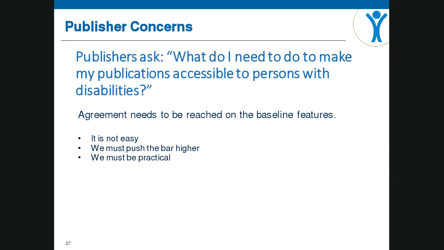And this is the development of what I call the baseline for born accessible documents. And it's probably different for novels than it is for college textbooks. For example, MathML is something that is absolutely essential in documents that have math content. But what is the baseline?